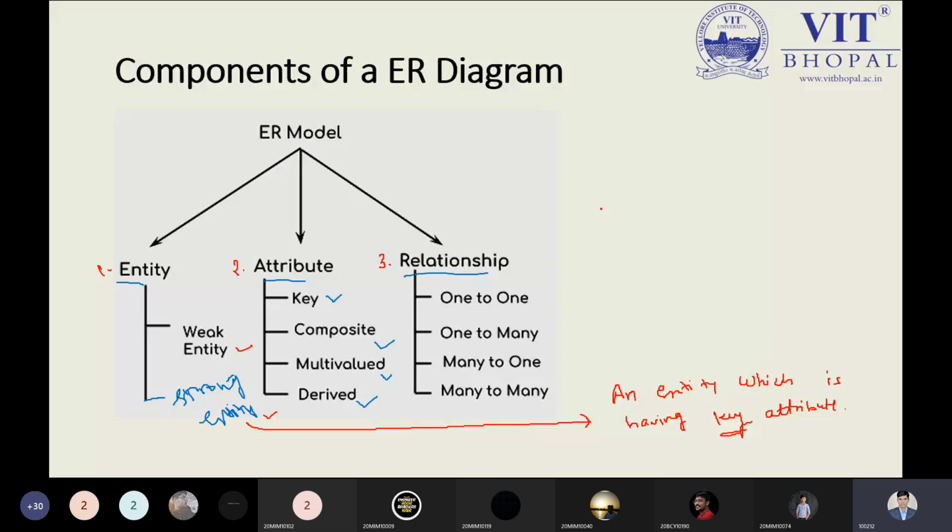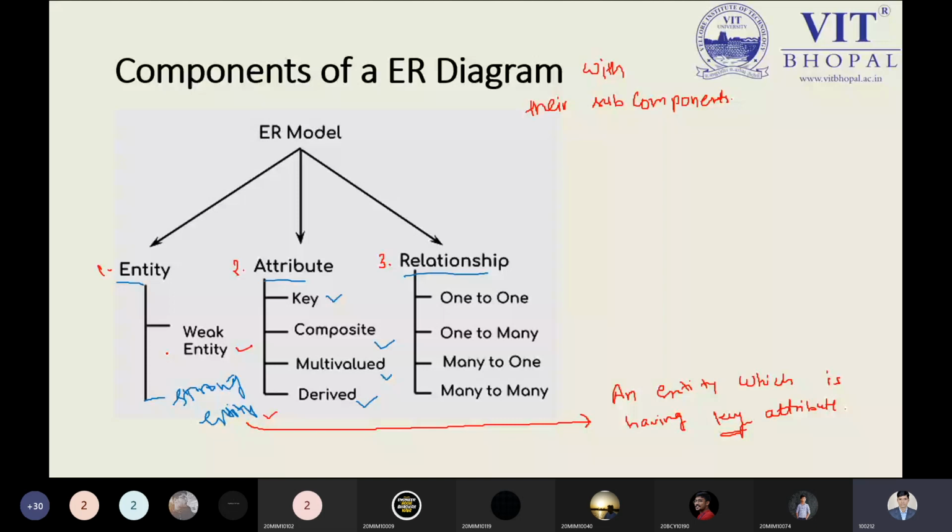For relationships, no need to speak again: one to one, one to many, and many to many we have. So these are the components of the diagram with their subcomponents. An entity can also have its own components, so we have the weak entity and strong entity.